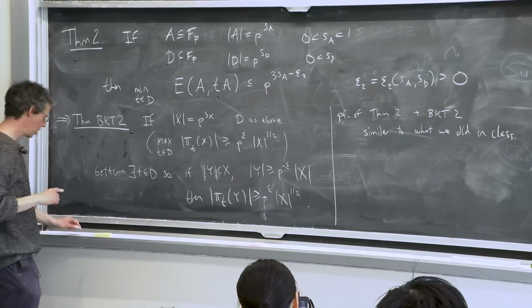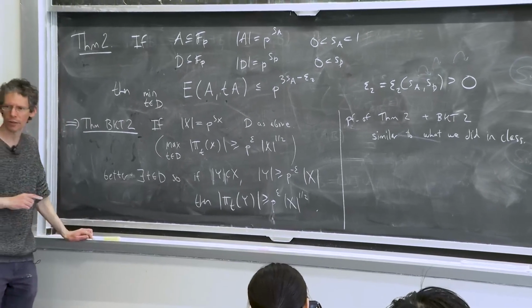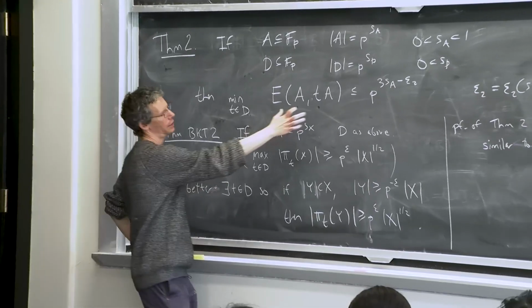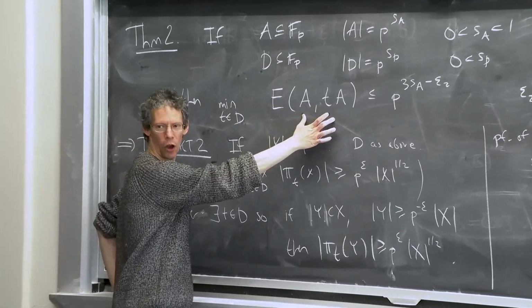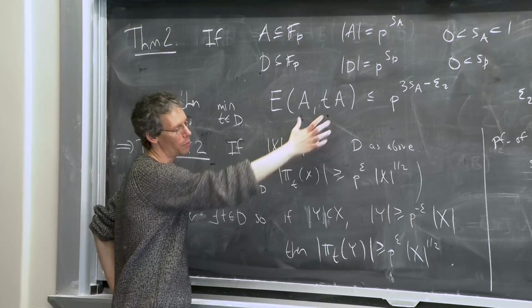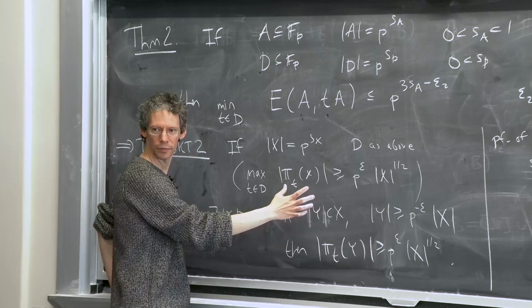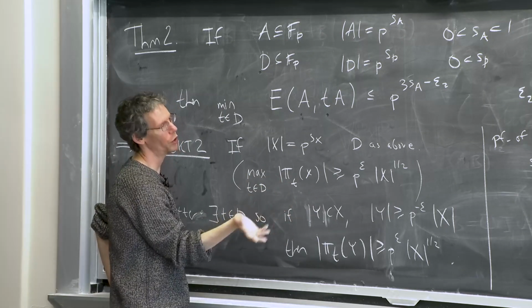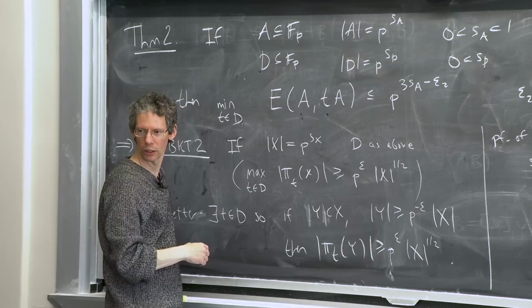OK, so now you might ask yourself, maybe energy is actually a better thing to be talking about, because a bound for the energy is kind of stable under taking large subsets. And so maybe we should have been talking about energy all along.